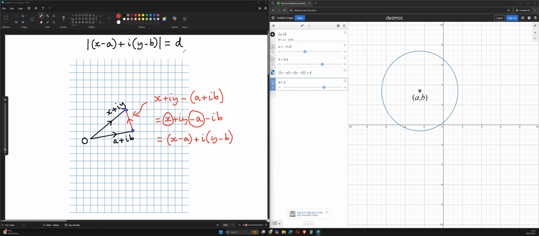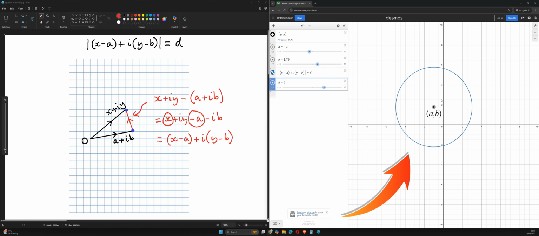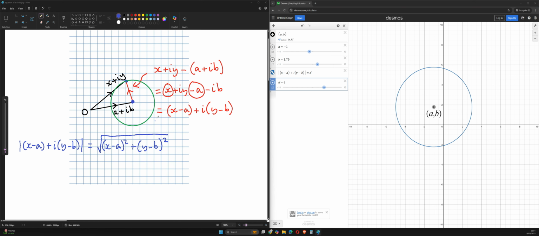And if you hold down that distance, you will generate a circle with a radius d like so, and with a center (a, b). As you can see, I've drawn a circle here in green to represent this concept. Also, what is the magnitude of x minus a plus i times y minus b?